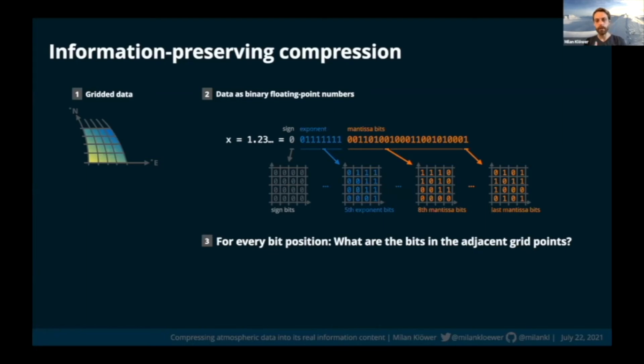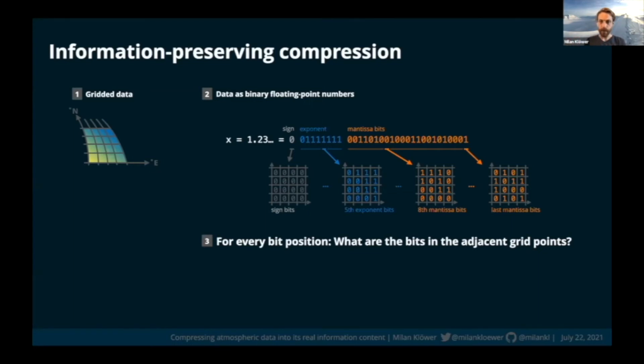The idea of floating point numbers is that instead of storing a real number at a certain precision, you split the whole thing up into a sign bit, either 0 or 1, depending on the sign of the number, an exponent that tells you whether you have a very large or very small number, and then the mantissa bits, which describe the decimal digits behind the dot.